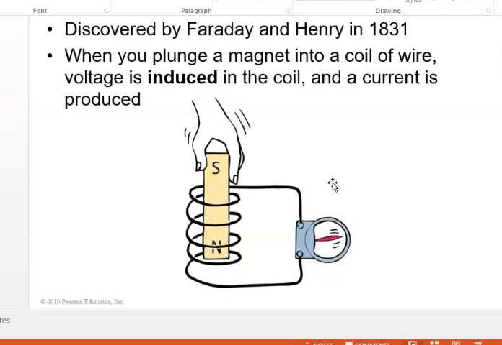Just keep moving the bar magnet back and forth inside the coil, then you will see that the pointer or needle of the galvanometer deflects, indicating that there is current in the circuit or in the coil.